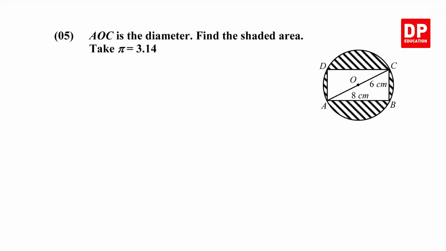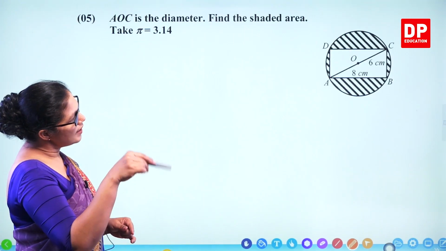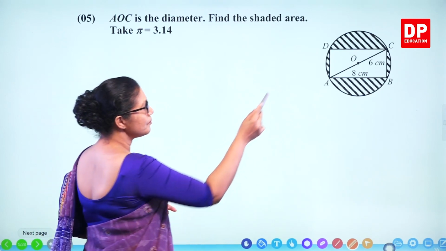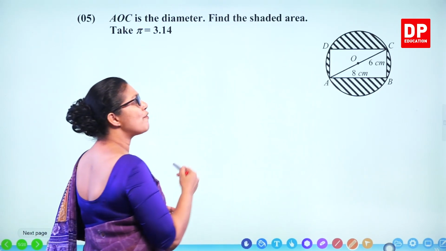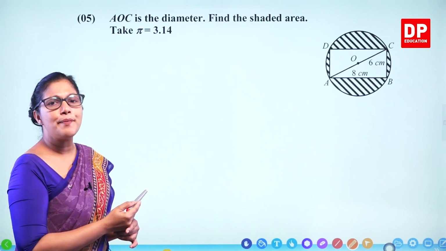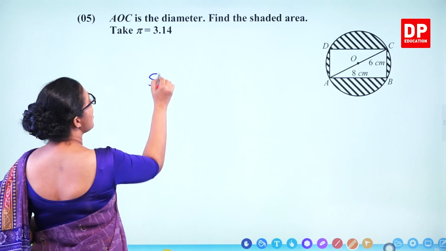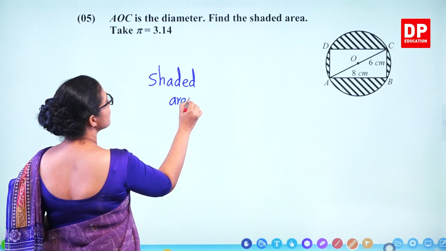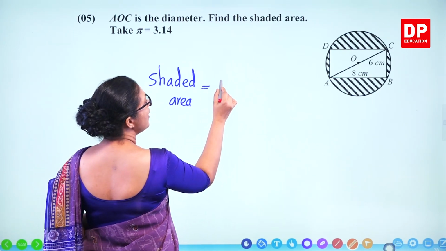Question number 5. AOC is the diameter. Find the shaded area. Take pi as 3.14. You can see that when you subtract the area of the rectangle from the area of the circle, you get the shaded part. So shaded area is equal to pi r squared.